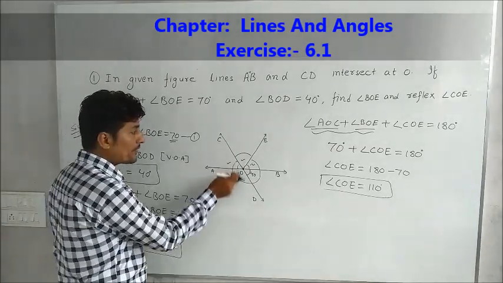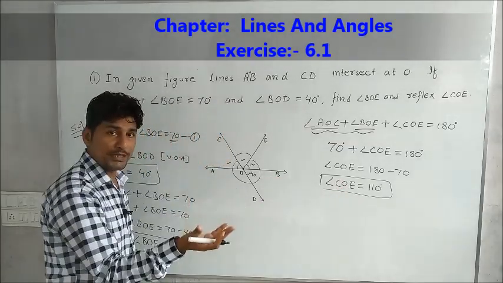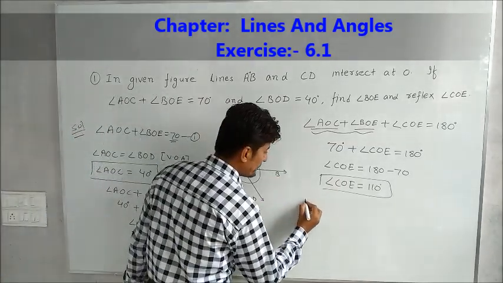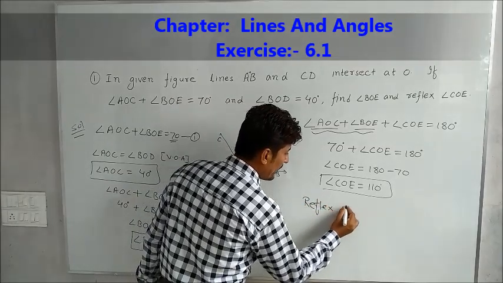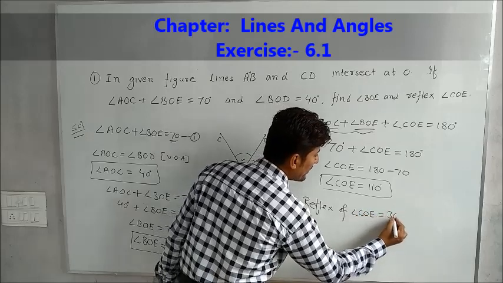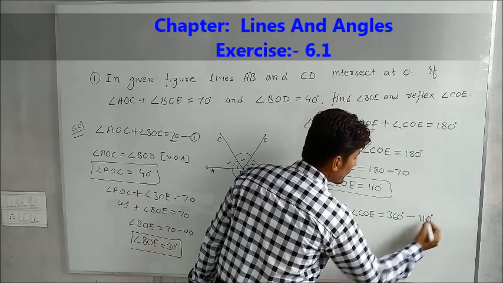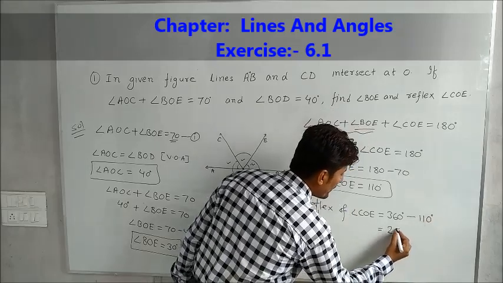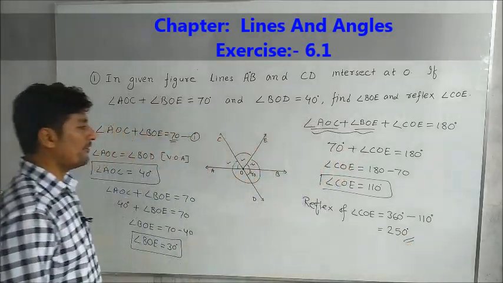To find the reflex of angle COE, we subtract angle COE from 360 degrees. Reflex of angle COE equals 360 degrees minus 110 degrees, which is 250 degrees. This is the final solution of this question.